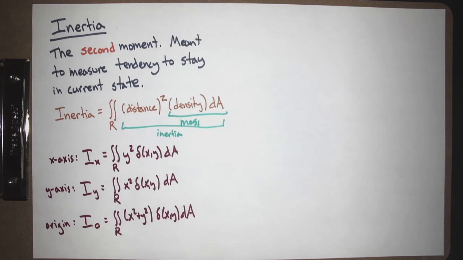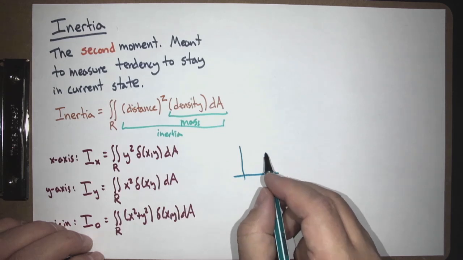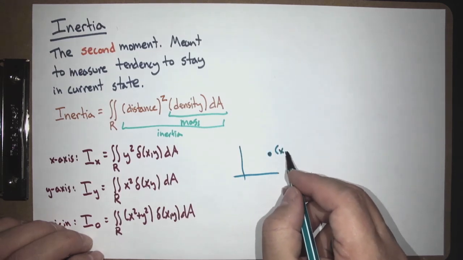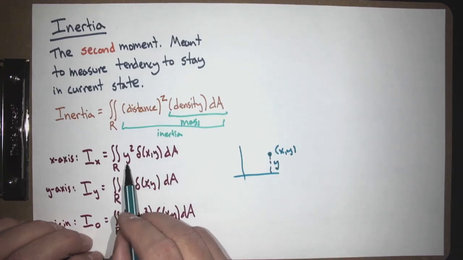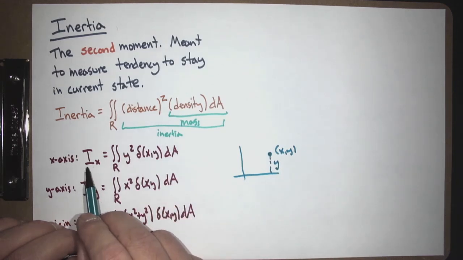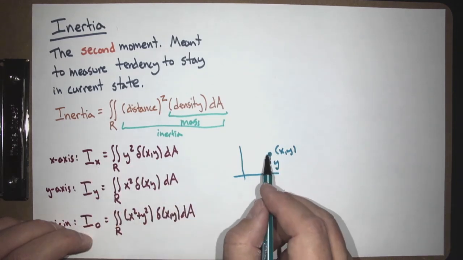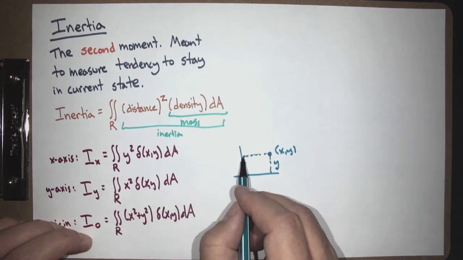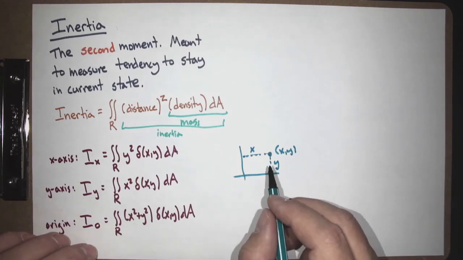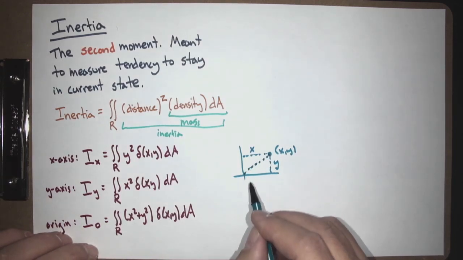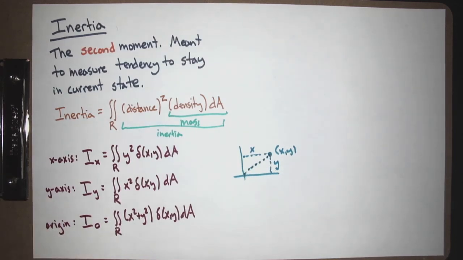Okay, so there are now 3 things that we talk about with respect to inertia. There's the x-axis, and we've already talked about how if I'm at a point x, y, the distance to the x-axis is y, so that's why you see a y squared for inertia. So I_x for the x-axis. The y-axis, and the distance there is x, but then there's one more, which is the origin, I_0.